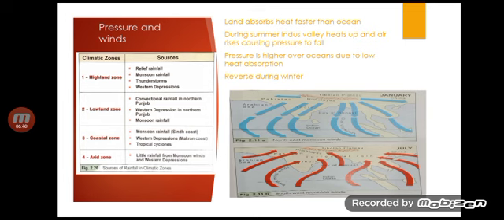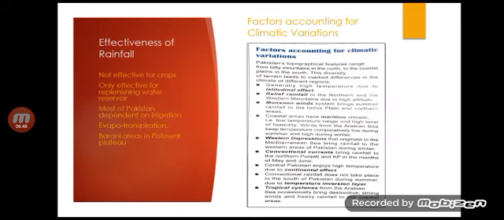These winds actually do not cause a lot of rains, because they are moving over a drier area. Again, the whole monsoon winds only happen because of the pressure gradient that is caused over this area of land.